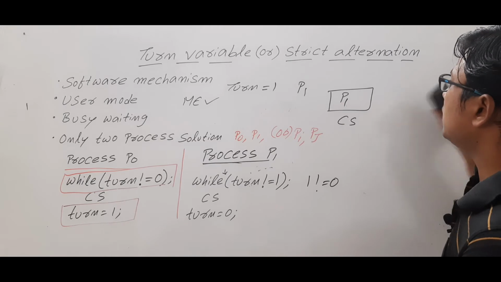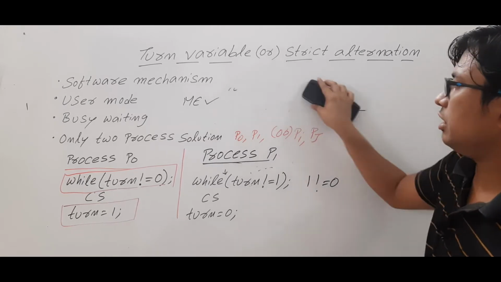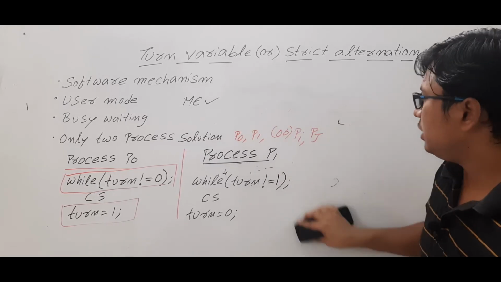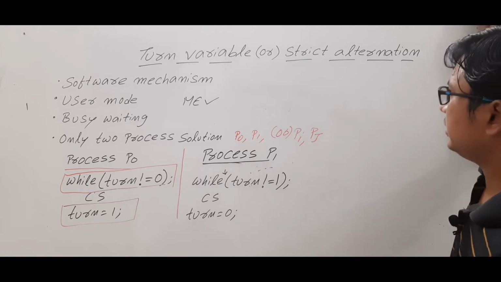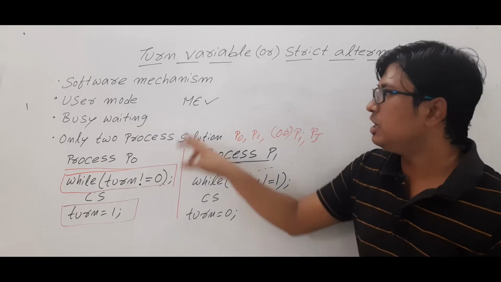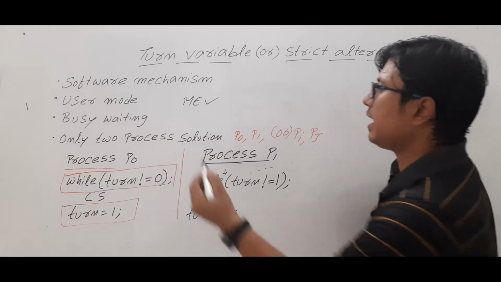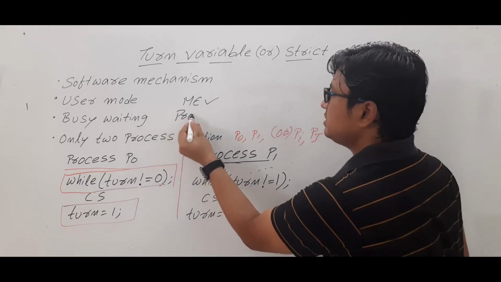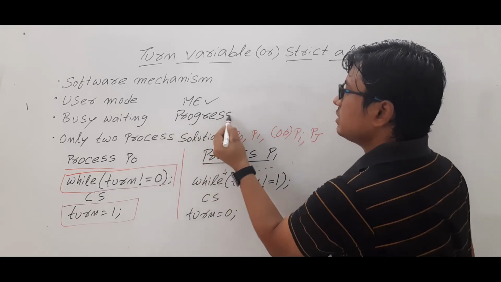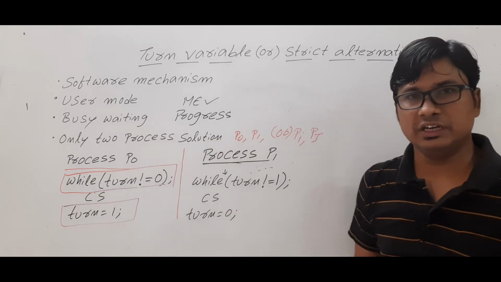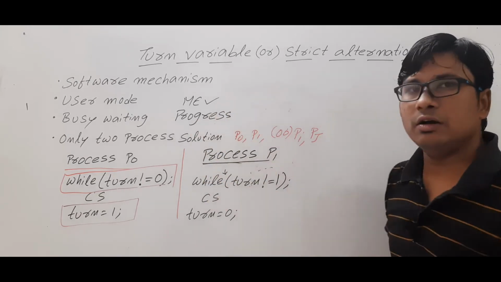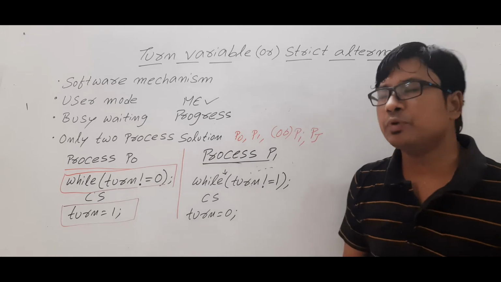Now we will check whether progress is achieved or not, because we have two primary requirements for any process synchronization mechanism. One is mutual exclusion and another one is progress. So we will check whether this turn variable process synchronization mechanism achieves the progress or not. What is meant by progress?